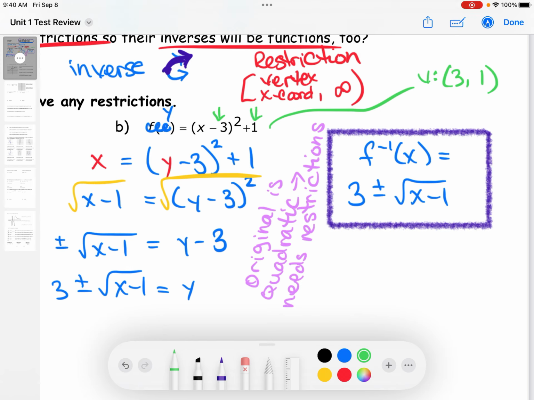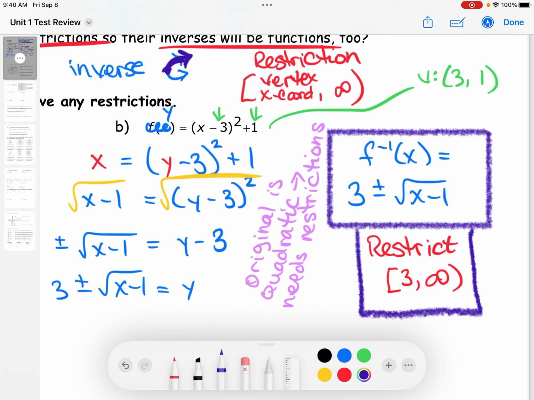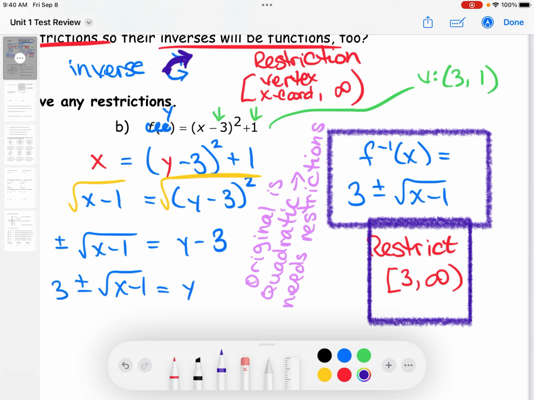So that vertex being 3, 1, the restriction here is always from the vertex to the right to infinity. So that vertex x coordinate is at 3 to infinity. To make the inverse a function, the original domain has to be restricted to 3 to infinity.